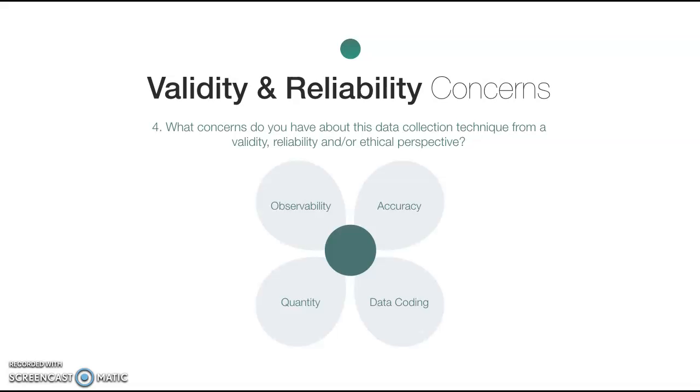The last question is about concerns, specifically regarding validity, reliability, and or ethical perspective. So I pointed out a few things here. Number one, a concern is observability. It obviously isn't a concern if you do this, but you really do need to make sure that your questions or your topics are observable.